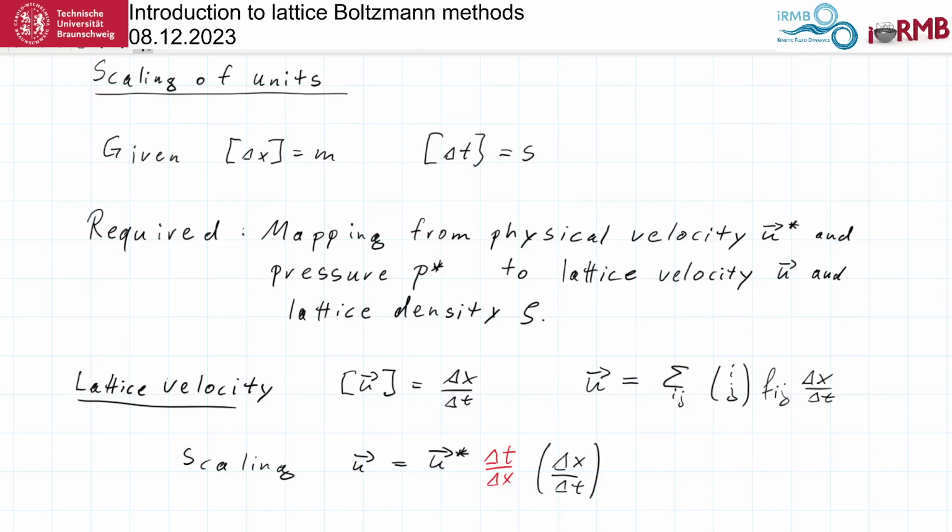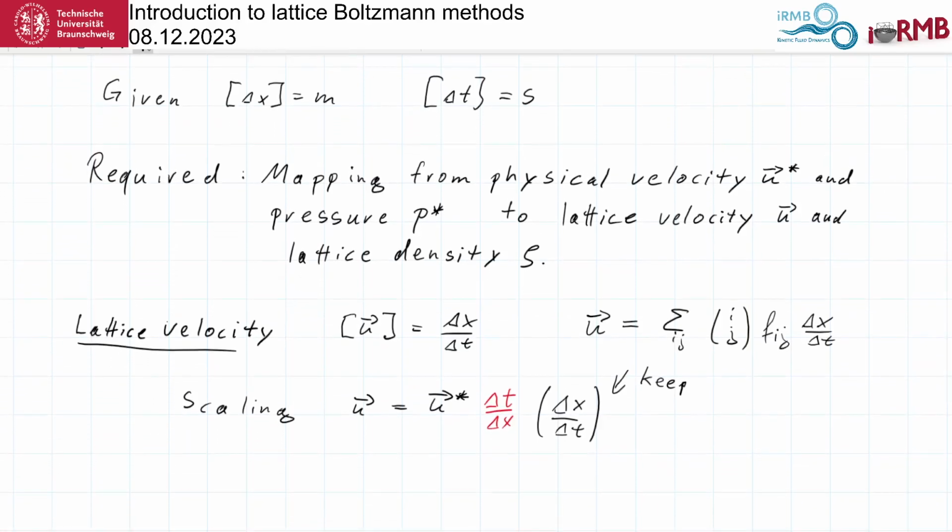So they are of course the same, we just eliminate them. And what we say is, we are going to keep this as the units that we have, and we are going to replace this.